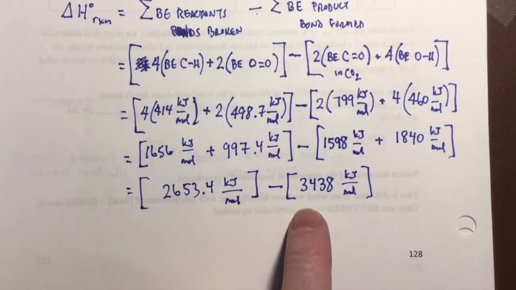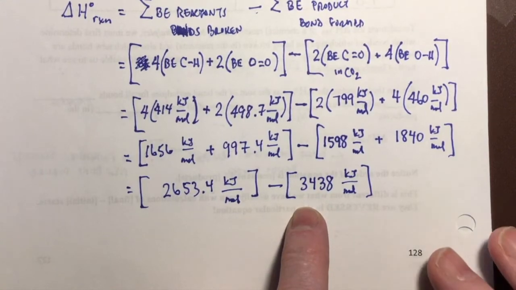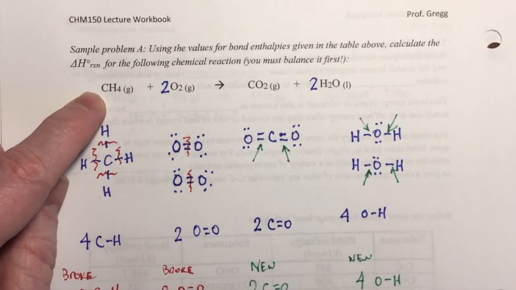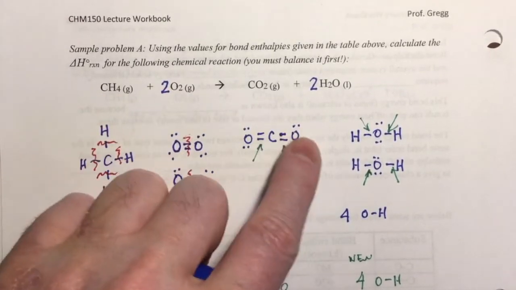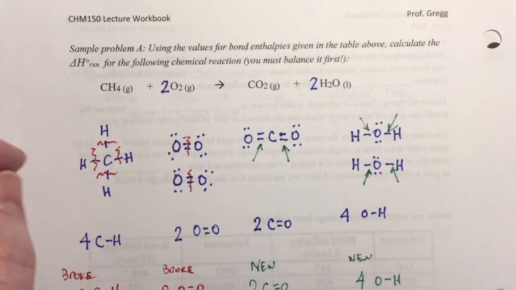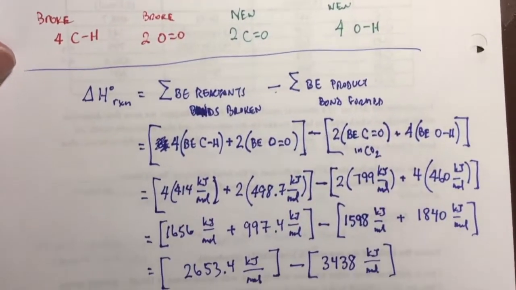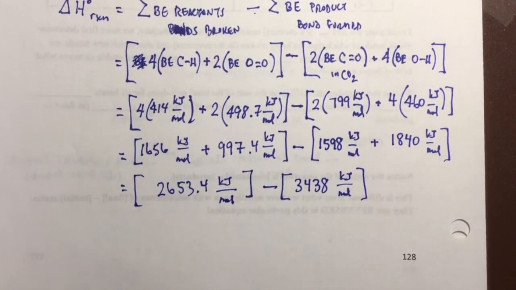And that means that overall, the reaction released energy. And if it released energy, it's exothermic, which we certainly would expect that for a hydrocarbon burning, right? This is a combustion reaction, and we know that they give off heat. So methane gives off heat. And that's methane that we use in our Bunsen burners, right? So we know it gives off heat. So our answer should have been negative.